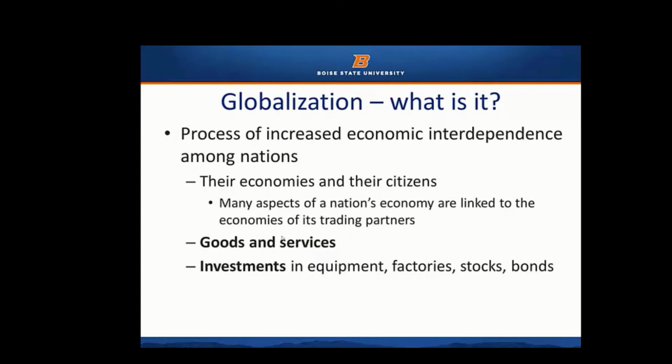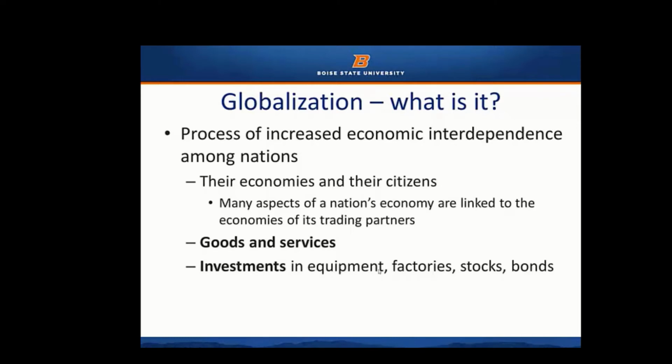So as the book says, it's the process of increased economic interdependence among nations. It's the interactions between the economic factors across nations and also their citizens. We're going to be looking at primarily the flow of goods and services and the flow of financial flows.